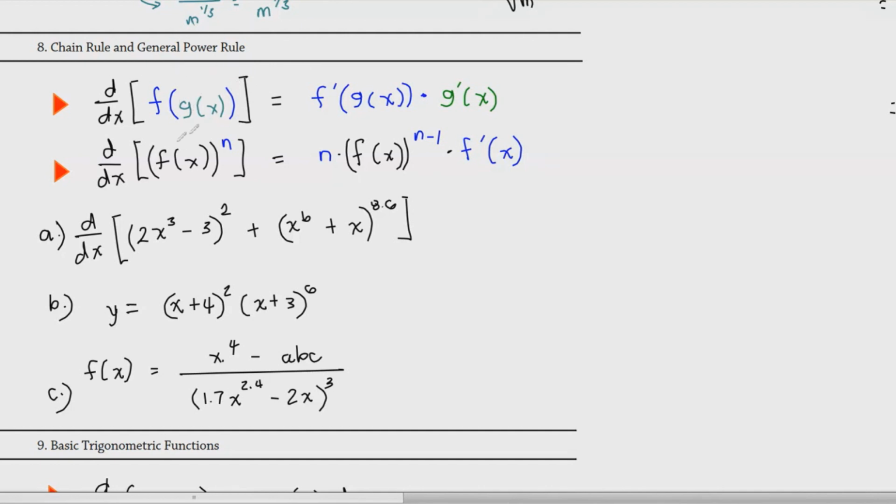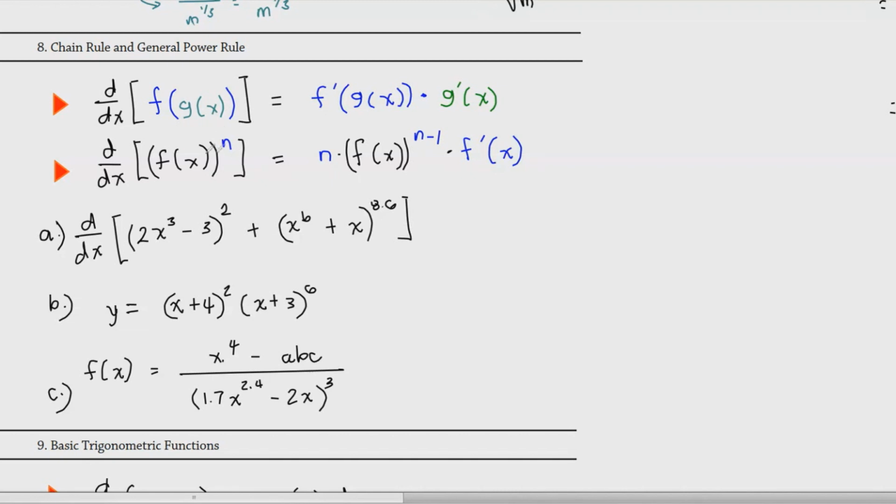Now, the general power rule is just an extension of the power rule. Well, actually, the power rule is derived from this general power rule. Before, we used to have x here; now we're considering f of x, meaning it can assume any kind of function. It's just not x. Sometimes it could be x squared plus 4, 5x plus 9, any function that is differentiable.